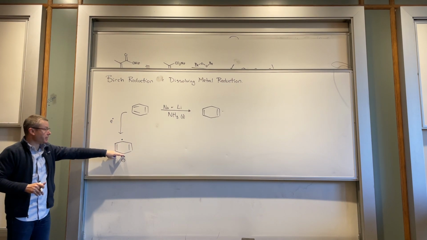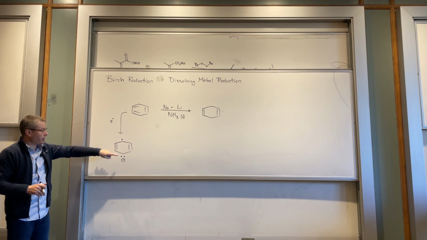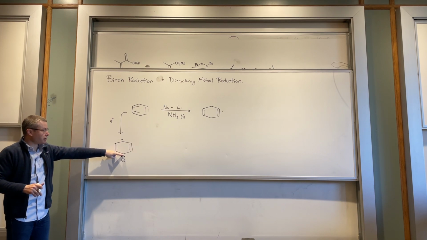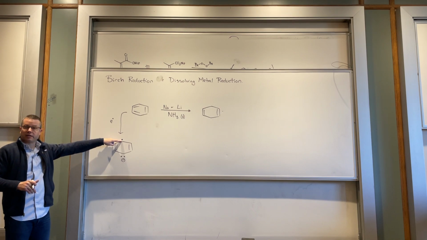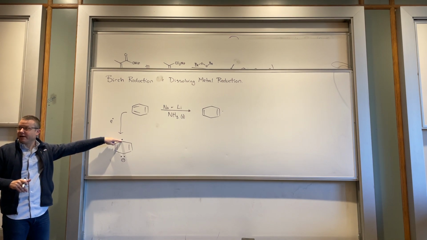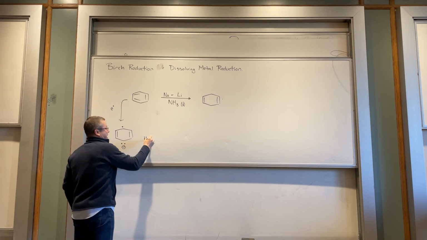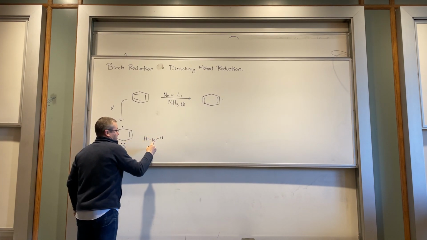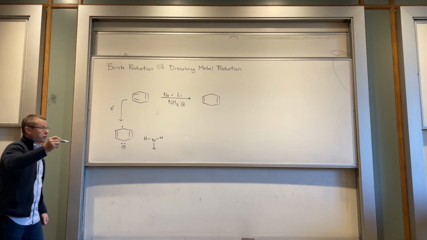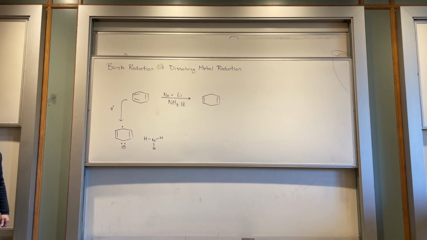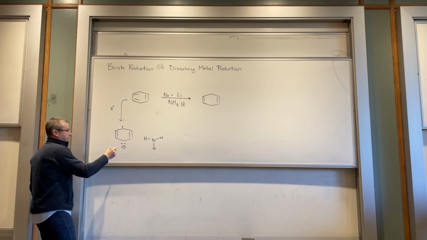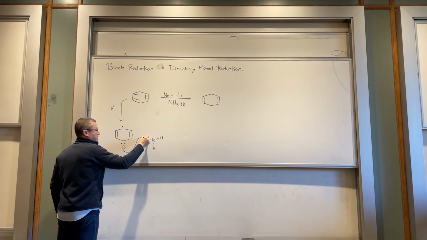That means we're going to lose one double bond. One carbon is going to get 2 electrons and a negative charge, and then a carbon across the ring is going to have 1 electron on it. So this is a reaction that undergoes both radical and ionic mechanisms. The anionic center is going to pull a proton from ammonia.